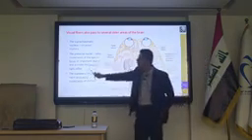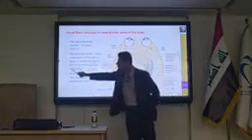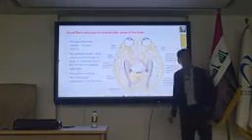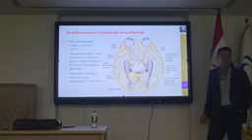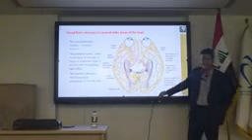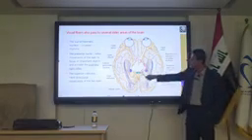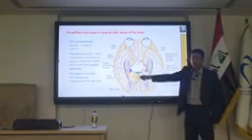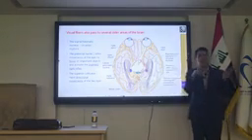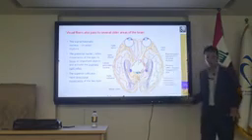Pretectal nuclei are important for the pupillary light reflex. So, miosis and mydriasis, right? Some other fibers go to the superior colliculus. They are important for movement of the eyes.